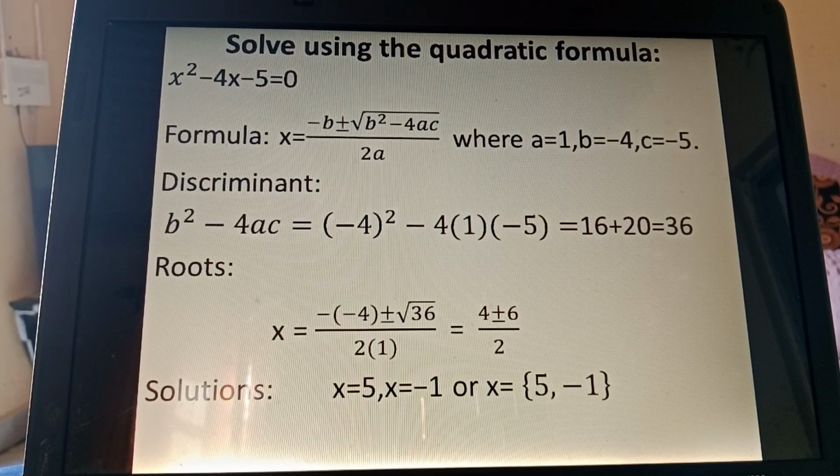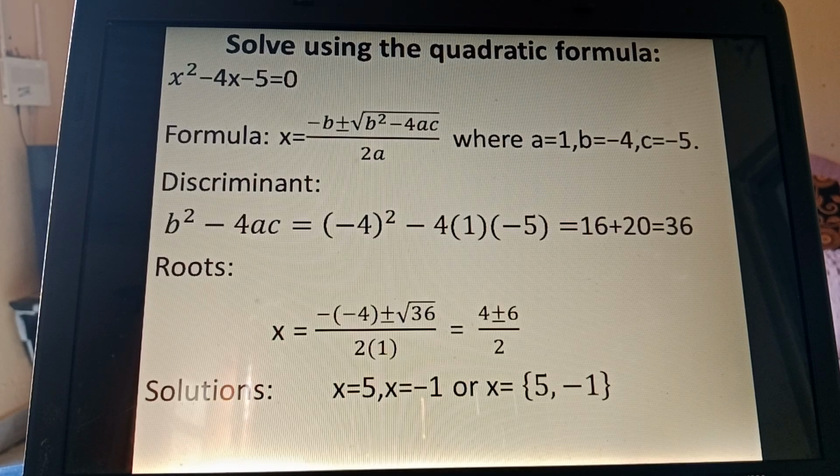In the section on solving by using the quadratic formula, you are supposed to solve x squared minus 4x minus 5 is equal to 0. You know that is the formula where you identify a is equal to 1, b is equal to negative 4, and c is equal to negative 5.